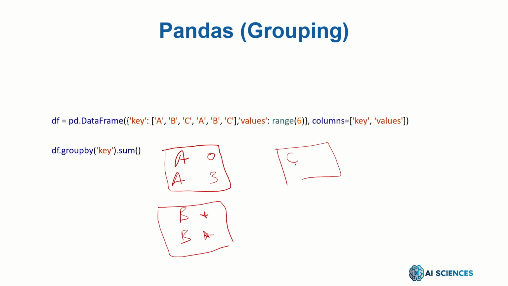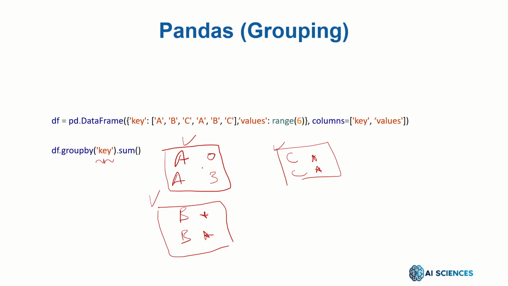So here we have just 2 C's and their values. Then if you want to group it by key, so df.groupby key, which means group all the records with respect to their keys individually. That's one group, that's another group, that's another group.